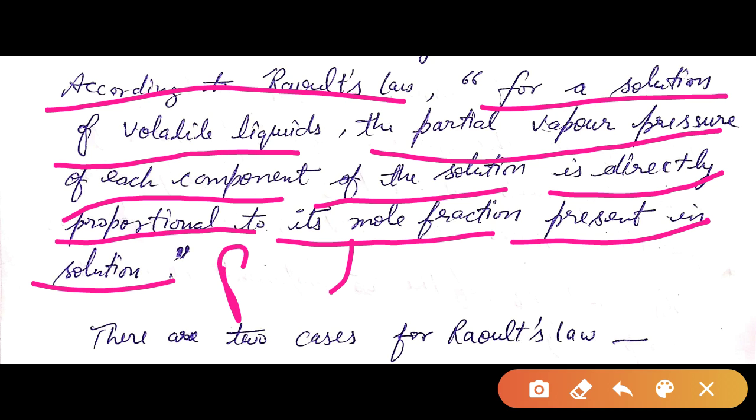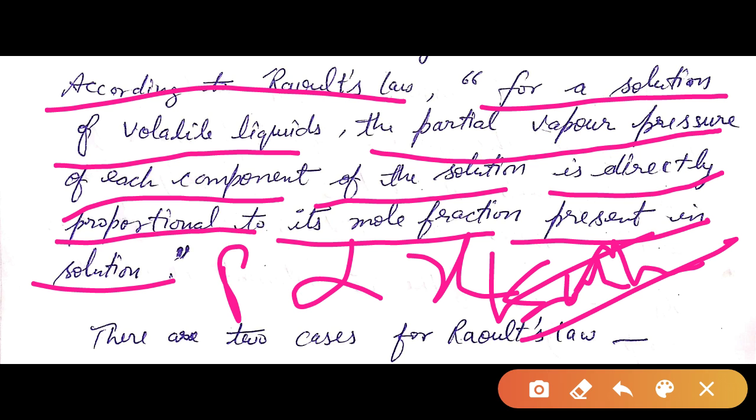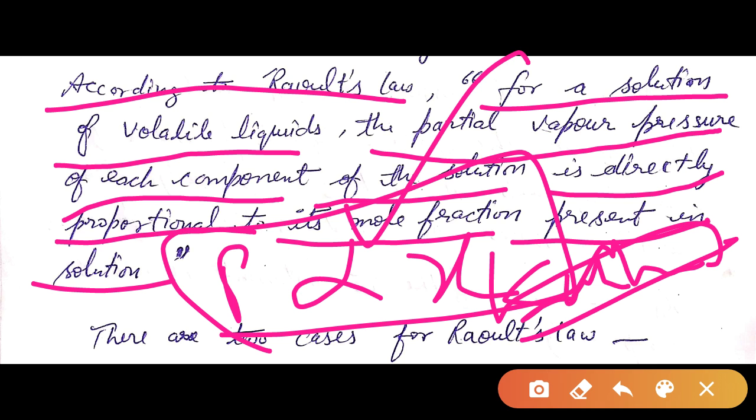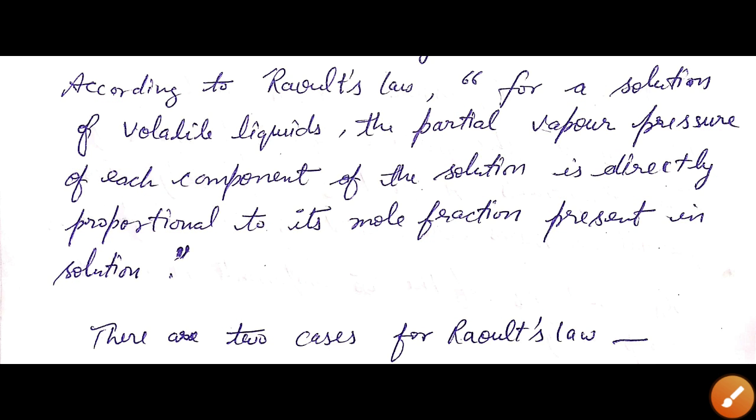It means the partial vapor pressure P is directly proportional to the mole fraction of a component, it may be solute or it may be solvent, any one component. So this relationship given by Raoult is very important.